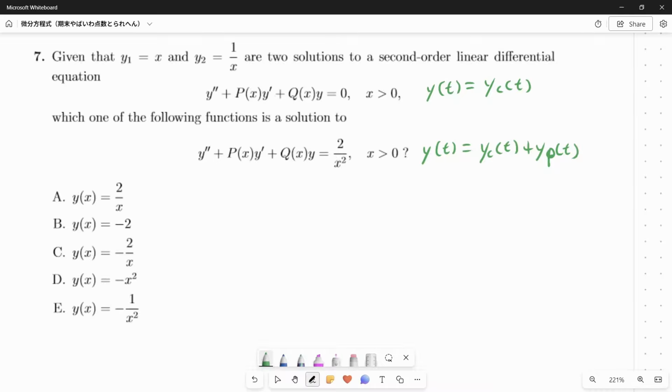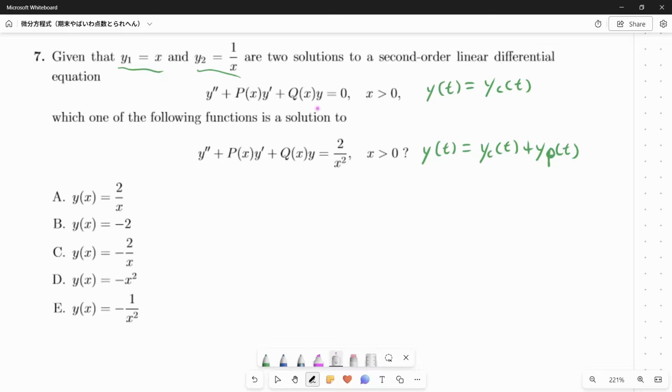The thing with this question, though, is the fact that it gives us a y sub 1 and a y sub 2 here that are functions rather than constants, as well as the fact that the equation given to us has a p of x and a q of x. We don't know what those are. And so in order to find a solution to this question, the only way we'd be able to do that is by using variation of parameters.